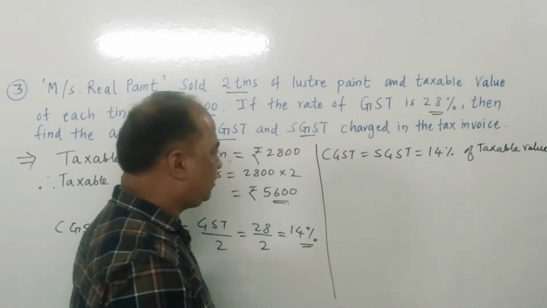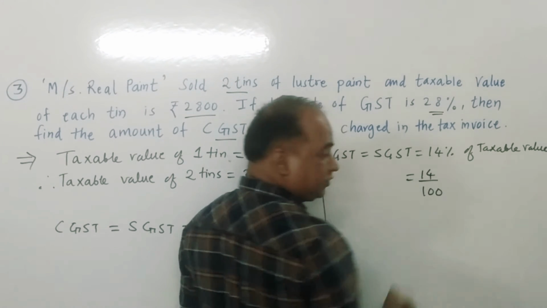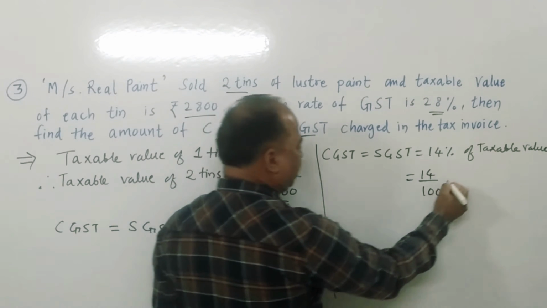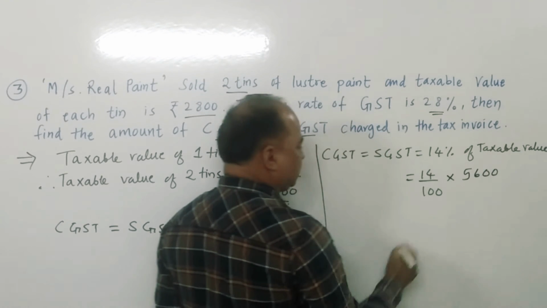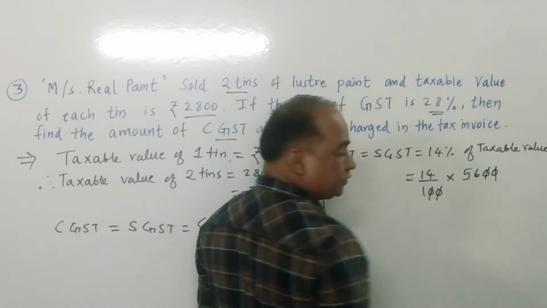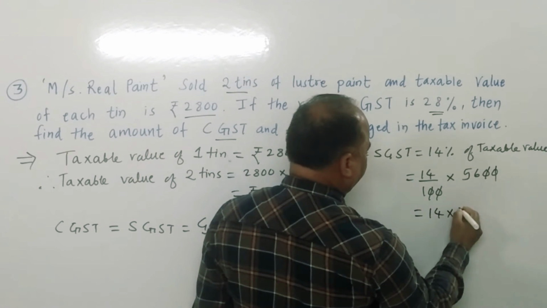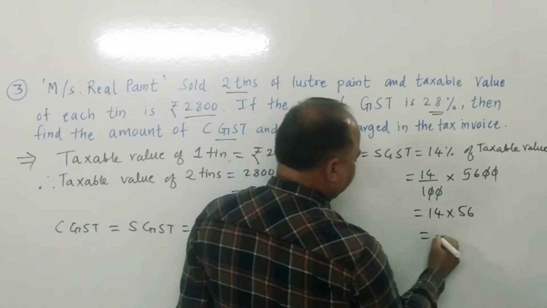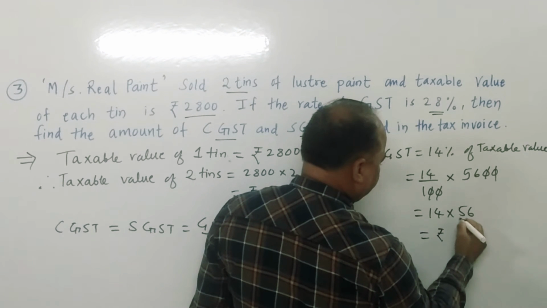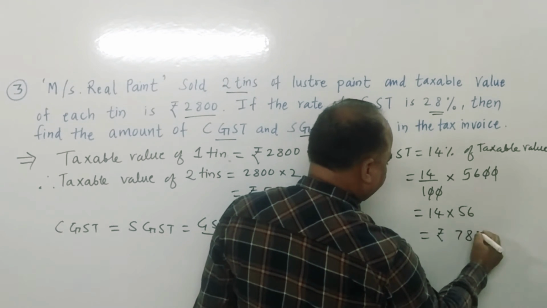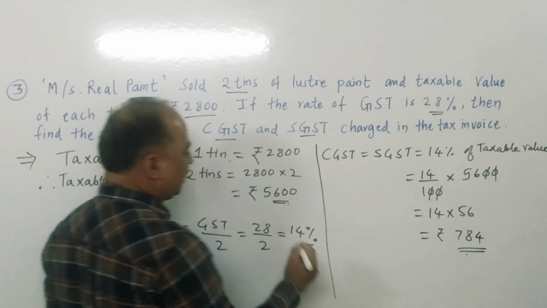14% of taxable value, which is equal to 14 divided by 100 into the taxable value, 5,600. So 2 zeros from the numerator and 2 zeros from the denominator will cancel. So which is equal to 14 into 56, which is equal to rupees, multiply this, 784 is the answer.